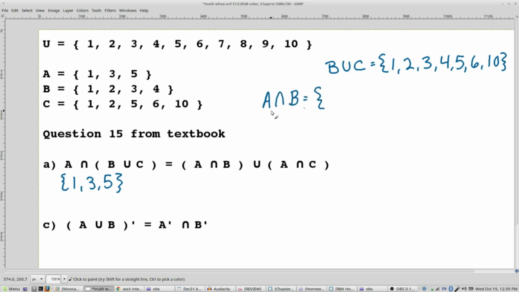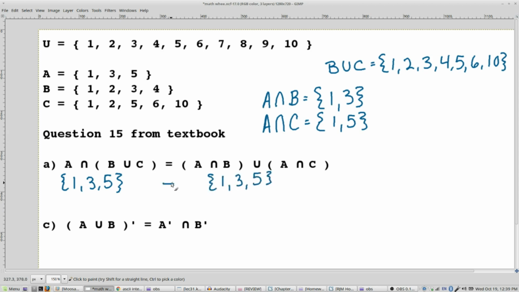This is equal to 1 and 3. That's all they have in common. What is the intersection of A and C? That is 1 and 5. That's all that they have in common. So if we take the union of both of these, then we're going to get the set 1 and 3 and 5. So these are equal to each other.